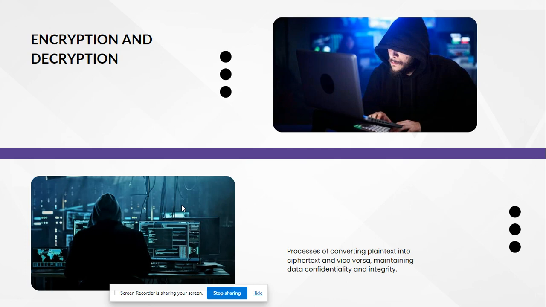In the context of HTTPS, encryption ensures that even if it is intercepted, the data transmitted between the client and the server remains unreadable to anyone without the decryption key. So it is for security purposes. Okay, it maintains data confidentiality and integrity.